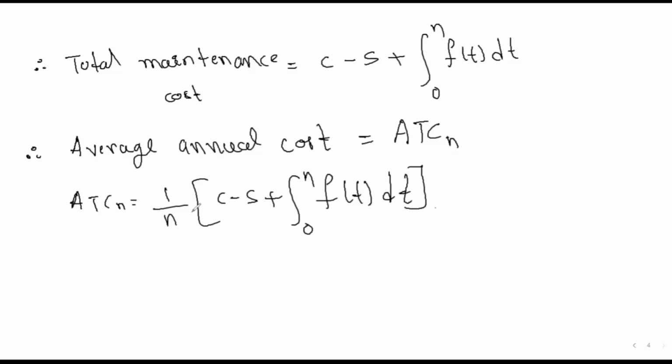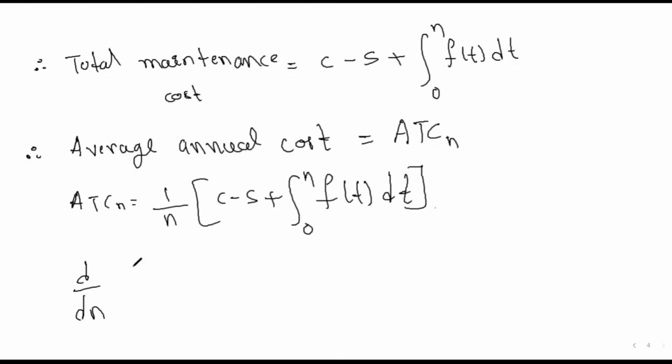Suppose we require the years, that means n; suppose we require the time, that means t. So we have to differentiate this function with respect to n, because I want the minimum number of years, after which I have to replace my machine or my equipment.